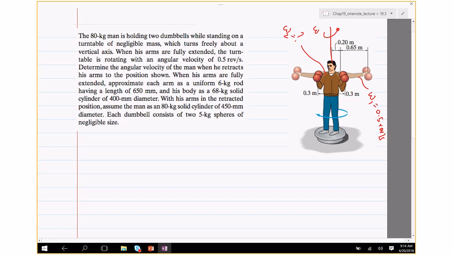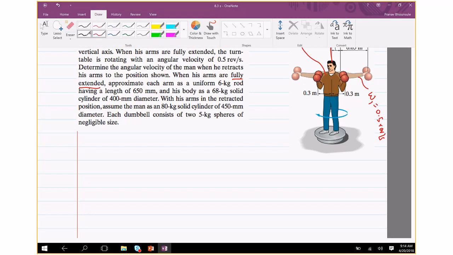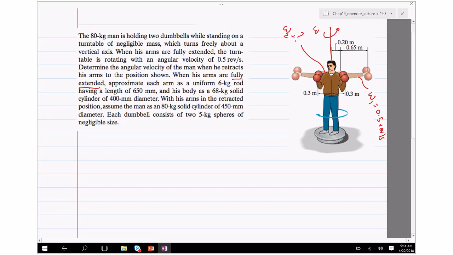When the arms are fully extended, there is a certain geometry associated with him, and there's a different geometry when he retracts them. I'm going to try to draw that geometry instead of trying to read it out, and I'll write it as I read through it. When his arms are fully extended, approximate each arm as a uniform 6 kg rod having a length of 650 mm.